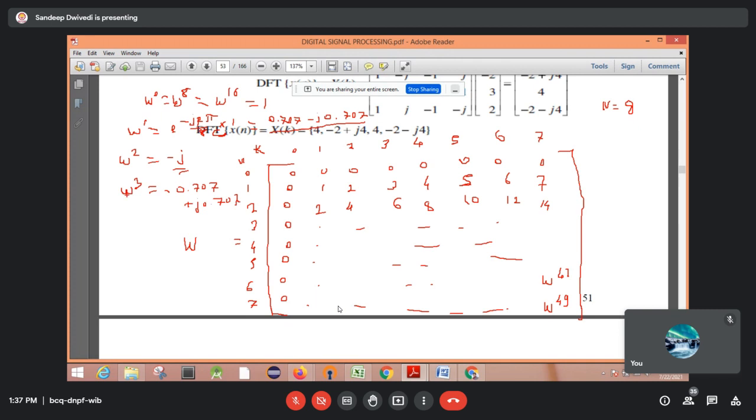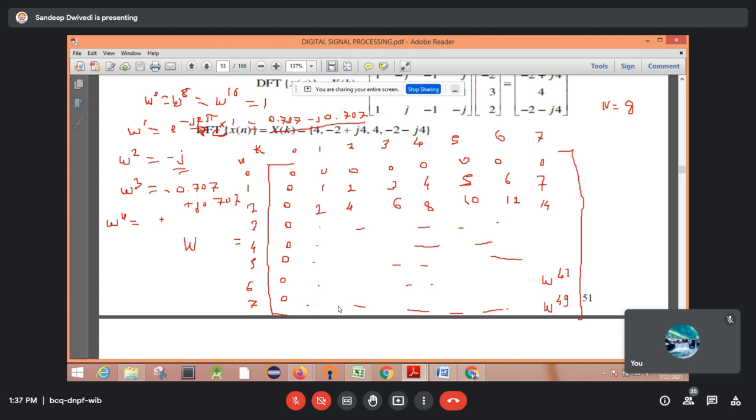Okay, जहाँ जहाँ पे भी ये numbers आएंगे. Then W raised to power 4 you can calculate. What will be W raised to power 4? क्या होगा ये w का वैल्यू क्या है? e raised to power minus j 2 pi by कैपिटल N, N 8 है, so 2 and 8 4 हो जाएगा. k का वैल्यू कितना है यहाँ पे 4, so that 4 will be cancel and it will be simply e raised to power minus j pi.